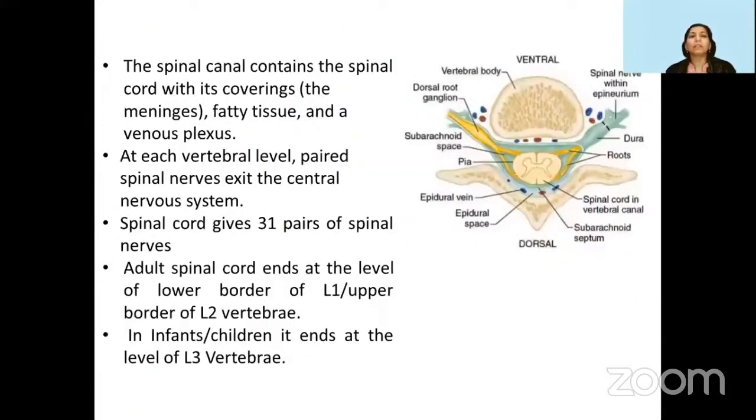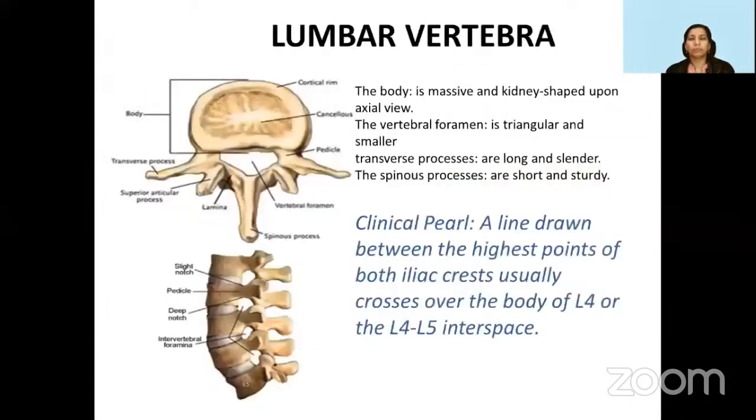The spinal canal contains the spinal cord with its coverings, the meninges: the pia mater, which is adherent to the spinal cord, and then the arachnoid mater and the dura mater. At each vertebral level, paired spinal nerves exit the central nervous system. In all, there are 31 pairs of spinal nerves.